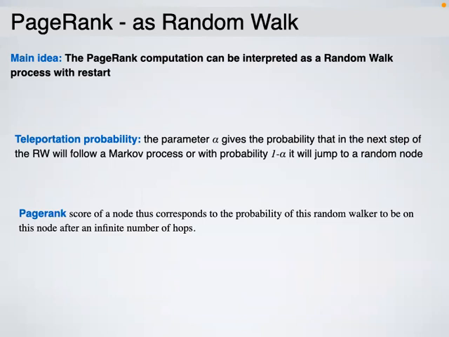But the intuition that you can have is that it's called a random walk with teleportation. The interpretation of the PageRank is quite simple: if you do an infinite random walk, it means you start from a node, you take at random one of the outgoing links, and you repeat that.